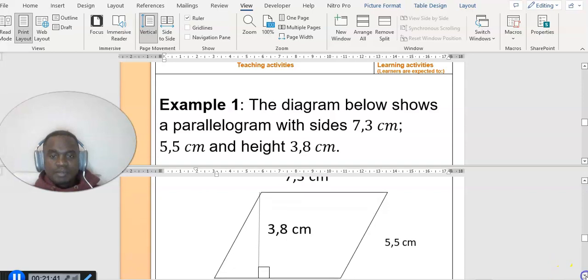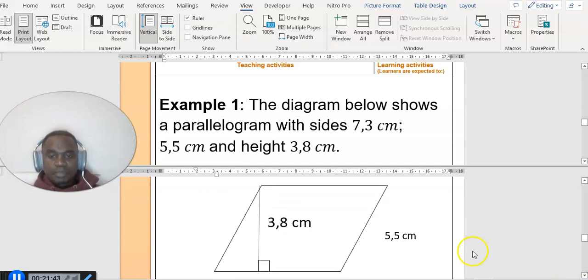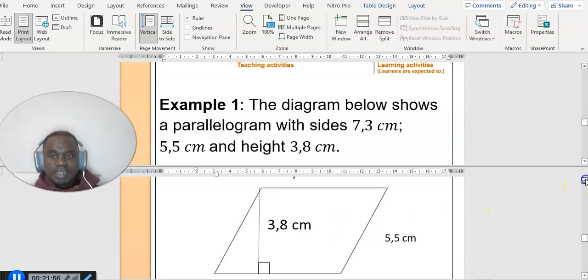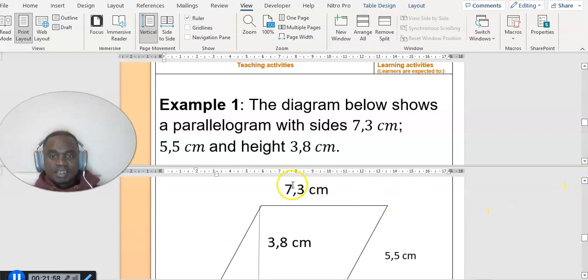So this is the parallelogram. The height is 3,8 they gave us. Then one side is 5,5 and the other side is 7,3 centimeters.